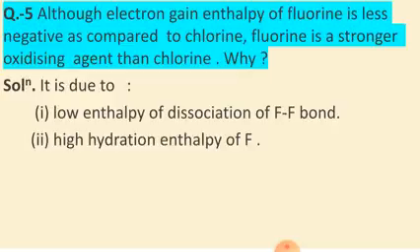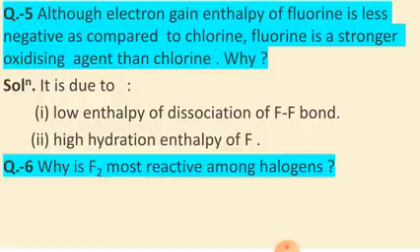I also told you that the smaller the size of ions, the more the hydration. If you compare the hydration enthalpy of F minus and Cl minus ions, the hydration enthalpy of F minus is minus 515, that is 515, and the hydration enthalpy of Cl minus is minus 381 kilojoule per mole. By this way, you can write the answer of this question.